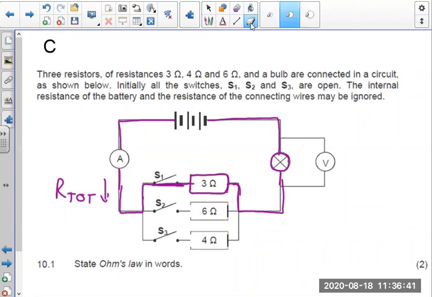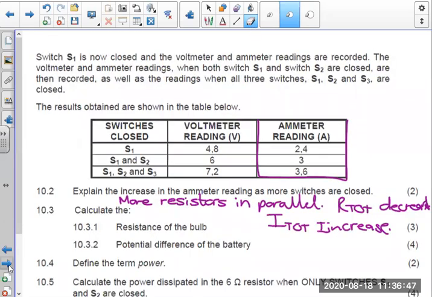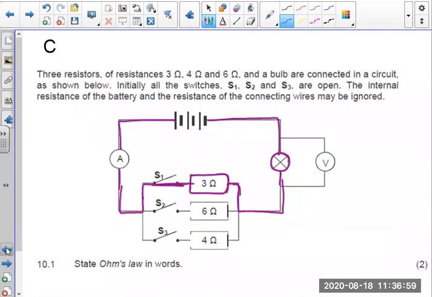Now they want us to work out the resistance of the light bulb. If only switch 1 is closed, the ammeter reading is 2.4 and the voltmeter reading is 4.8.